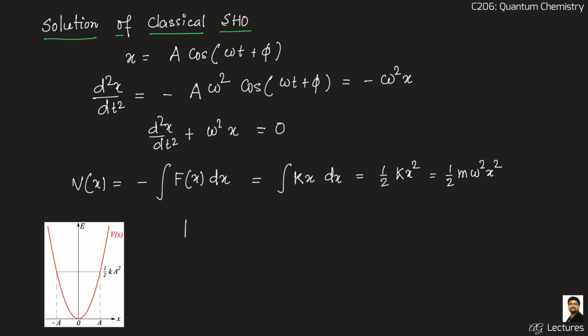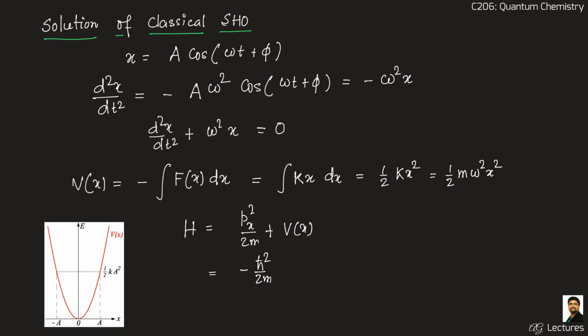The Hamiltonian H is given by p_x squared by 2m plus V(x), and this is equal to minus h cross square over 2m.